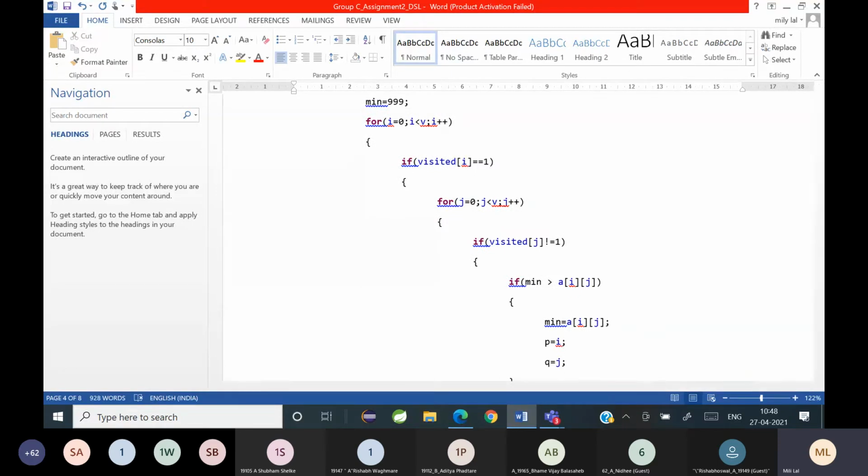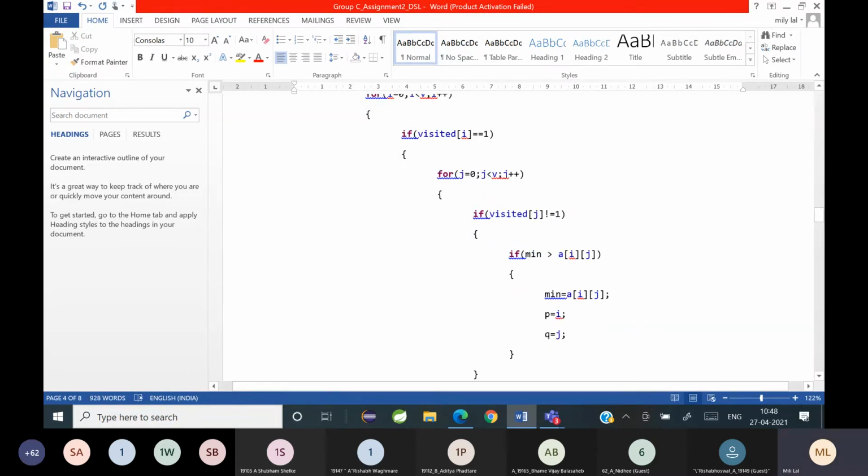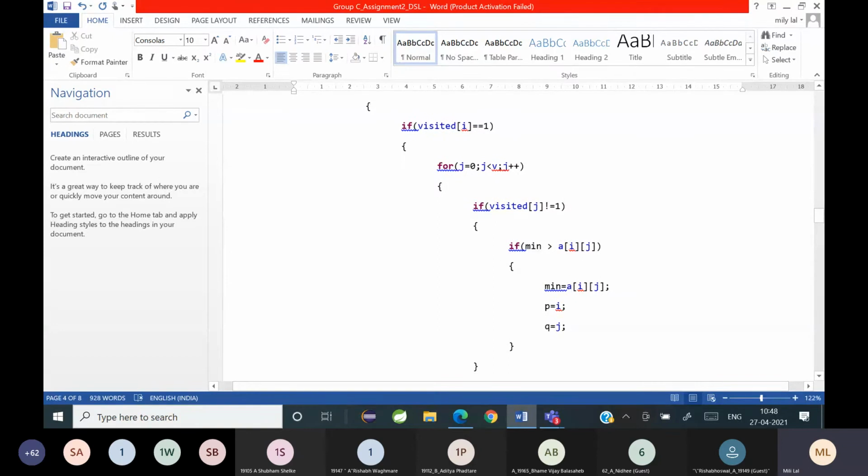If that vertex is not visited and, you can see, if minimum is greater than a of i j, what does that mean? From the current vertex you are selecting another vertex, that vertex is not visited till now and its weight is less than the minimum value, then you will put that as the minimum value and you will search.